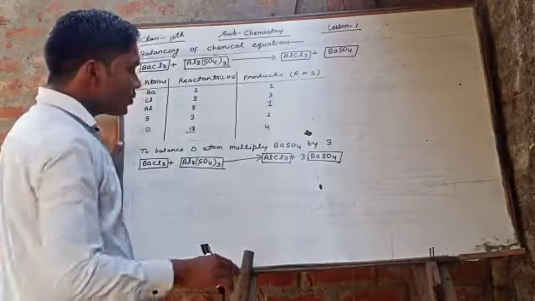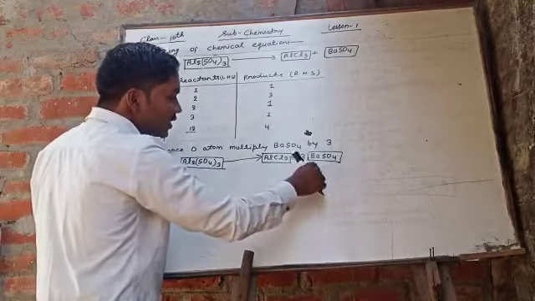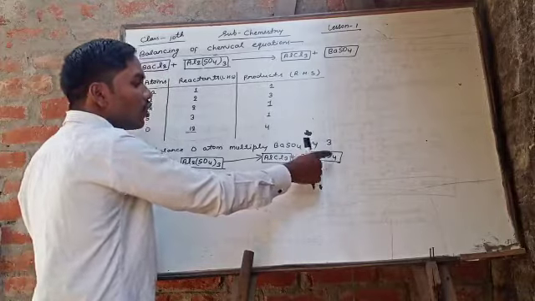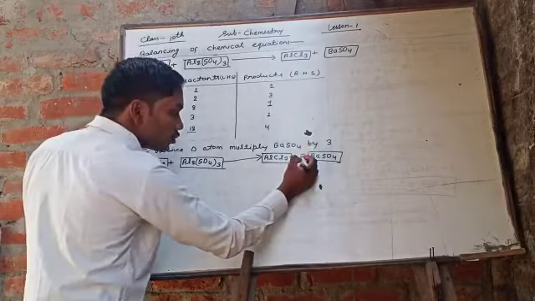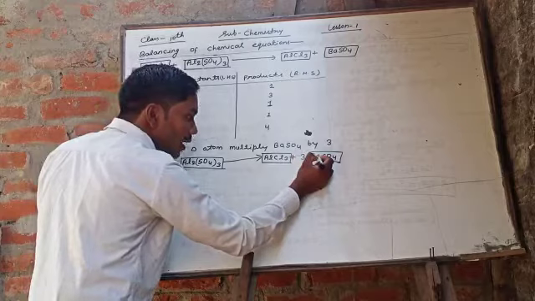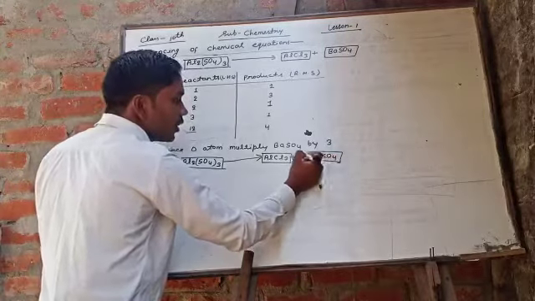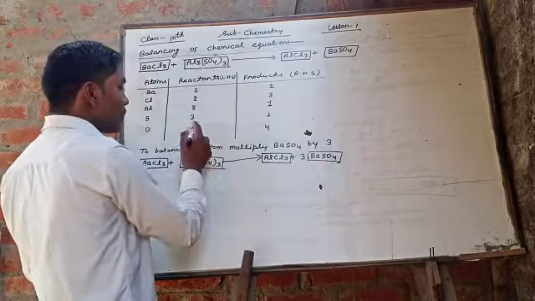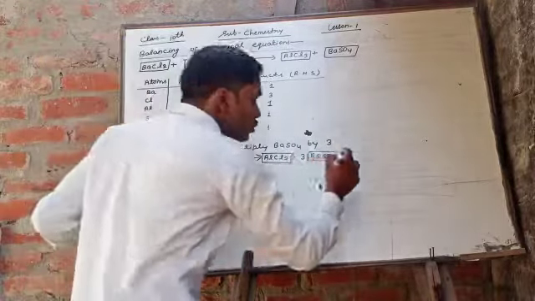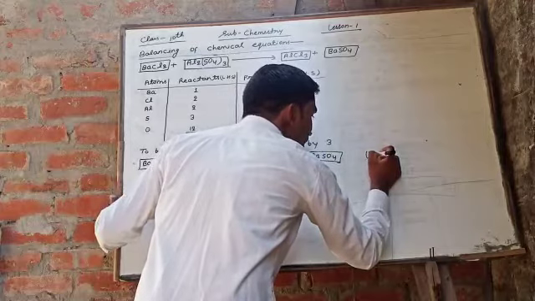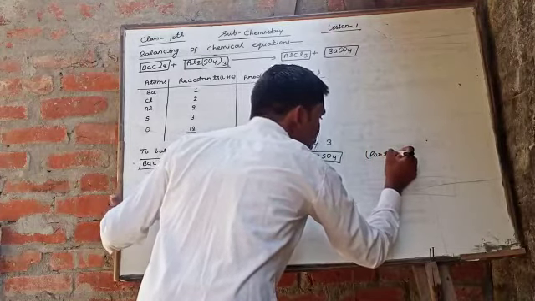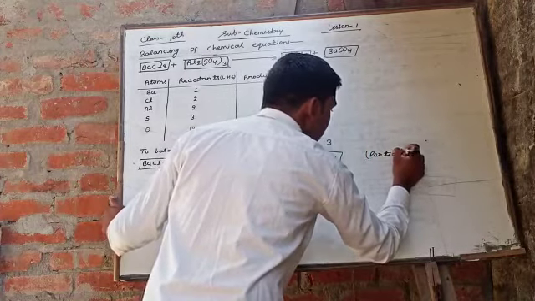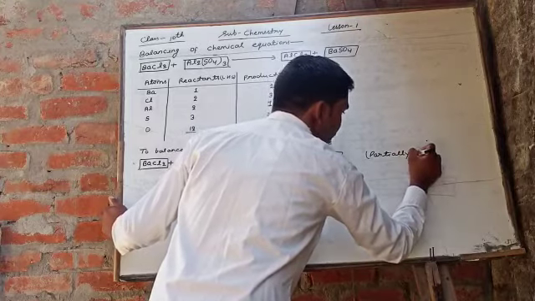You can see here 3BaSO4. This 3 is the coefficient of all this. So from here we get 3 barium, 3 sulfur, and 3 4s are 12 oxygen. In this case oxygen is balanced. So this is a partially balanced reaction or equation.